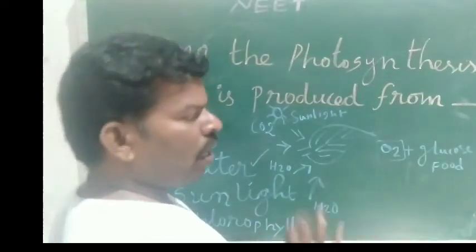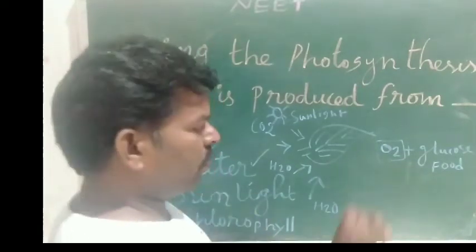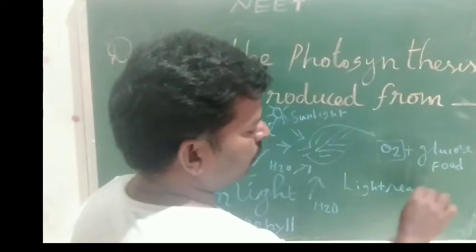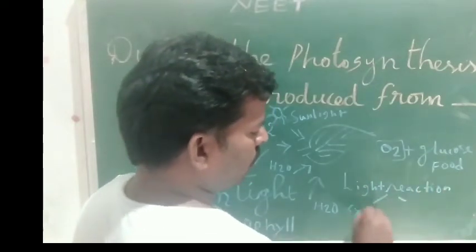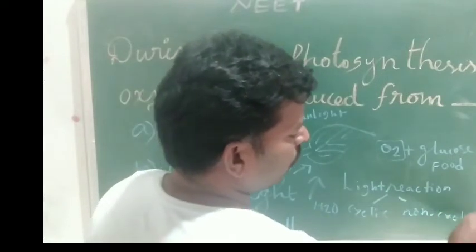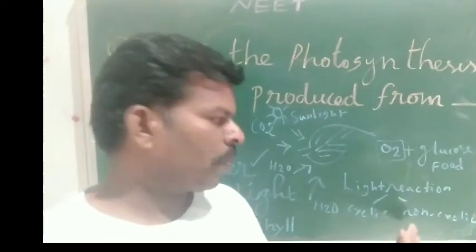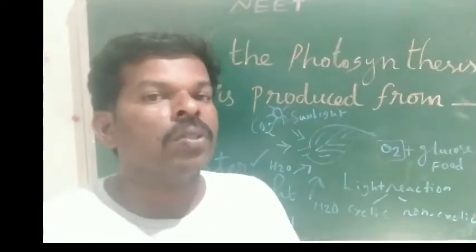Normally, understand that photosynthesis has two reactions. Light reaction has two types, cyclic and non-cyclic. In the non-cyclic process, water molecules are broken down.